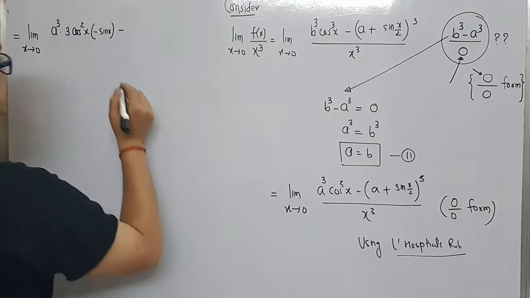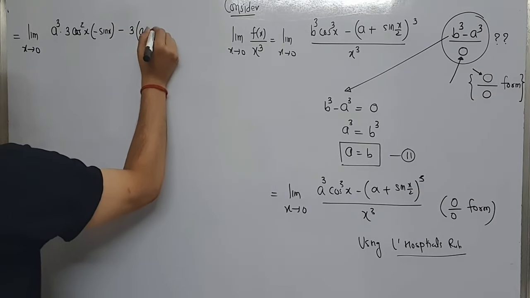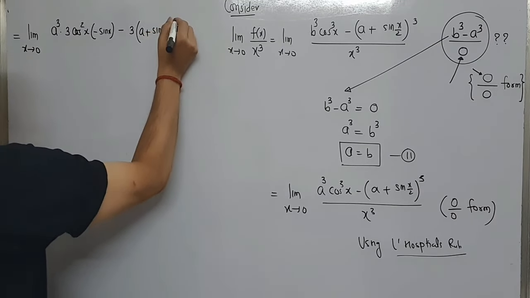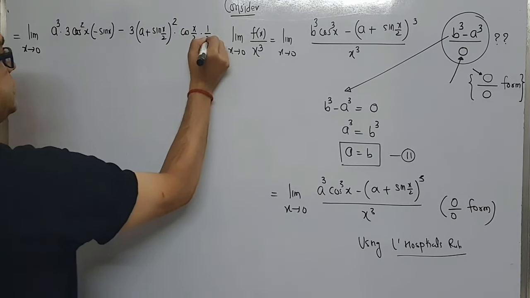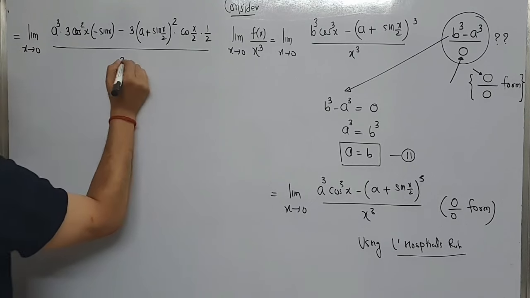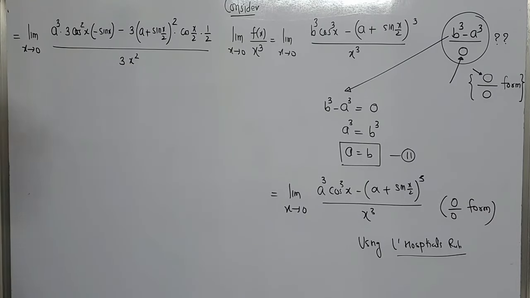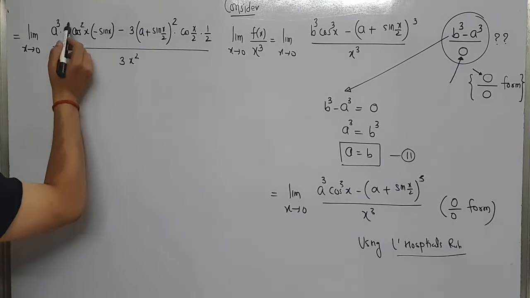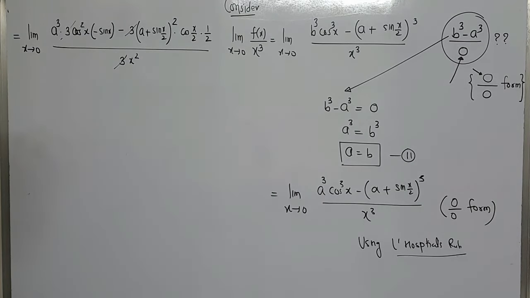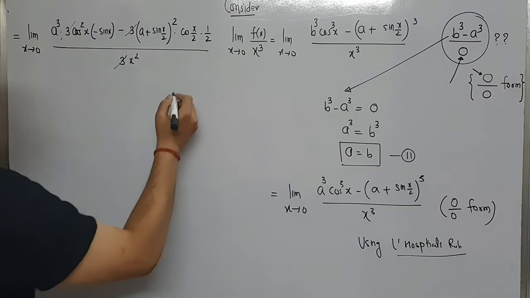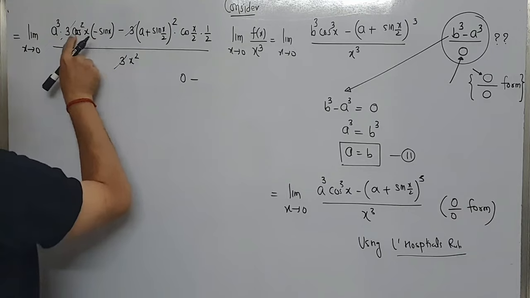Minus derivative of this term, which is 3 (a plus sine x by 2) the whole square into cos x by 2 into 1 by 2, whole divided by 3x square, and that is the derivative of the denominator. I can say this 3 is getting cancelled everywhere. Now if you check the form of this particular limit, it is 0, right? This will be 0.